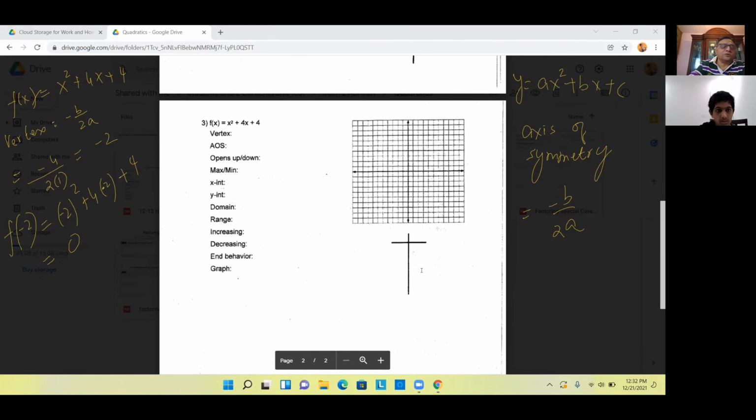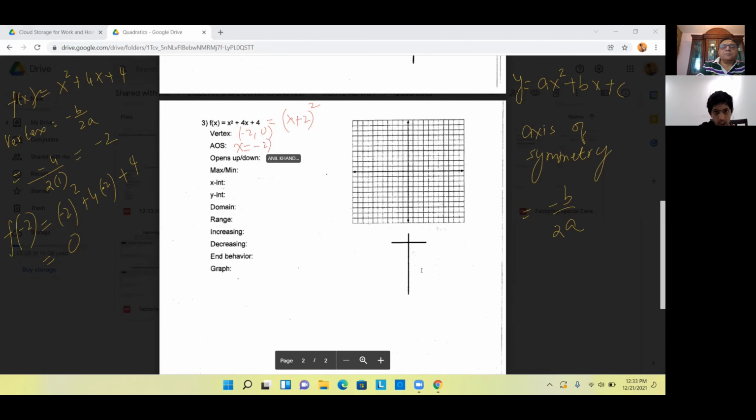So we know that the vertex now is, let me write down the values. Actually, it is a perfect square, right? x squared plus 4x plus 4 is (x plus 2) whole squared. Therefore, you got 0 at minus 2, correct? So the vertex is at minus 2, 0. The axis of symmetry is x equals minus 2.